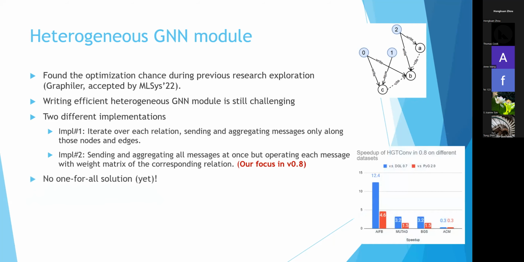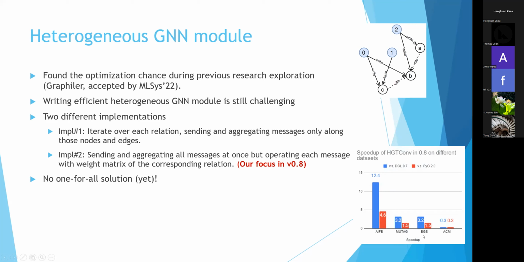But our results show that we cannot say implementation 2 is always better than implementation 1. When we tested HGT, the heterogeneous graph transformer, another very popular heterogeneous graph neural network, we tried the new implementation and compared it with the old one. Here you can see the speedup of the new implementation in 0.8 compared with the old one.